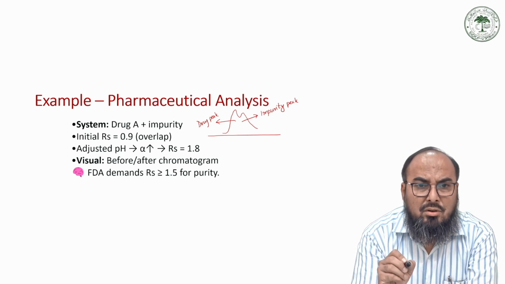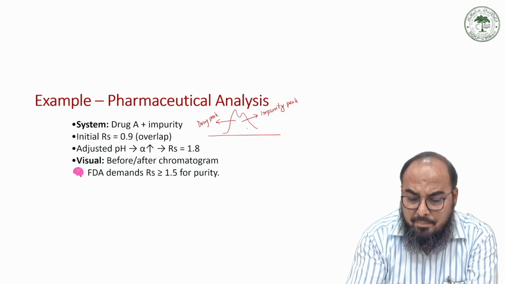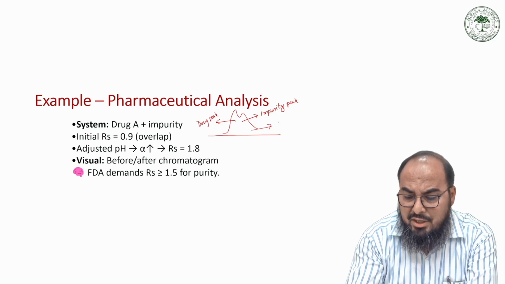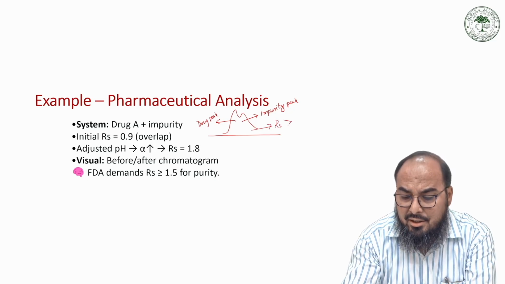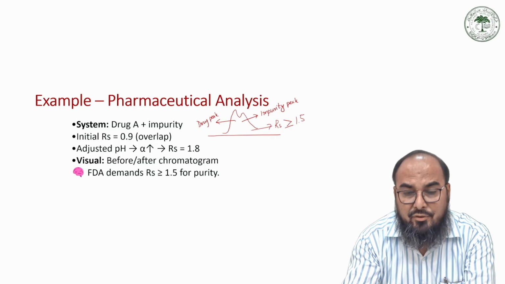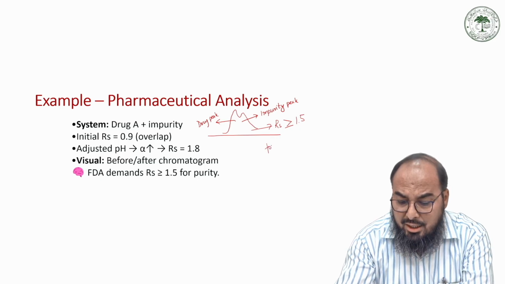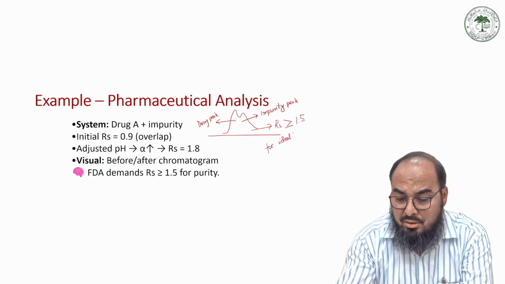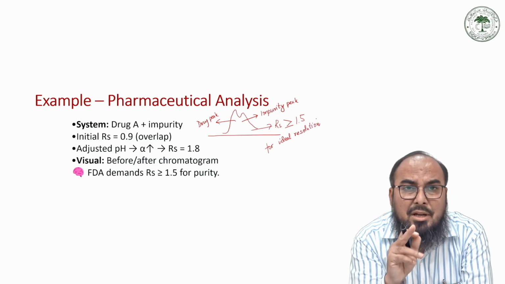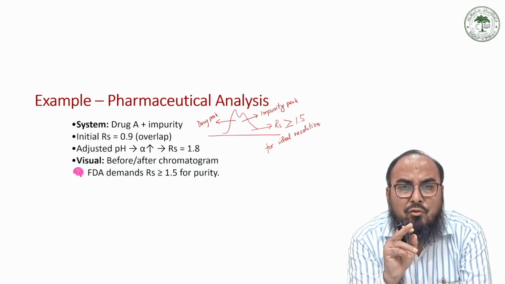So we have to separate these two peaks. That is, we have to have RS greater than or equal to 1.5 for an ideal resolution. We have to keep in mind that ideal resolution will only be achieved when RS is 1.5 or greater.